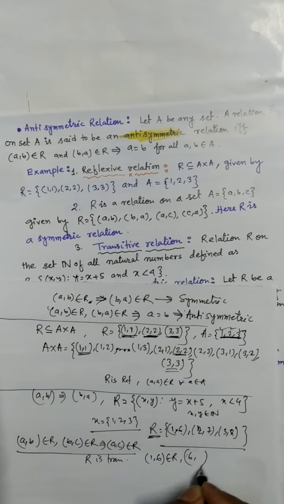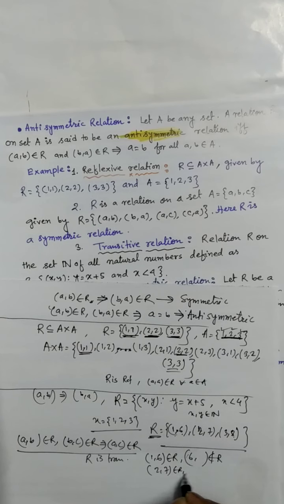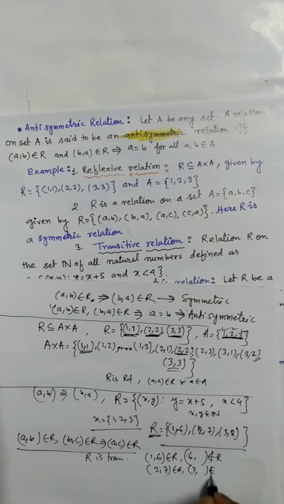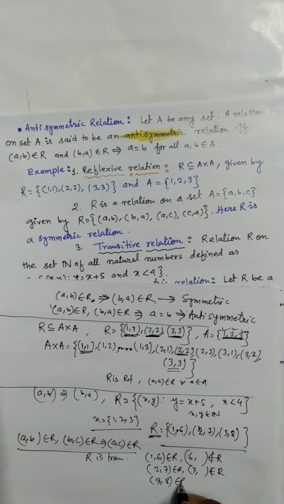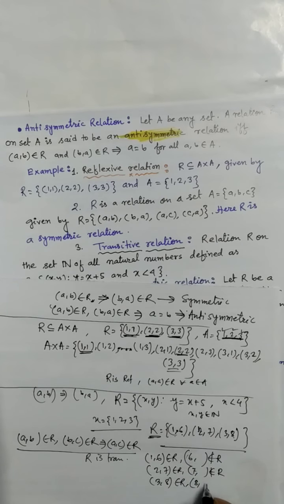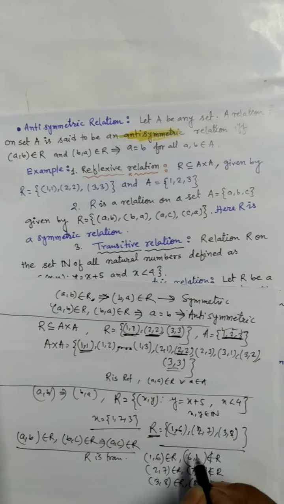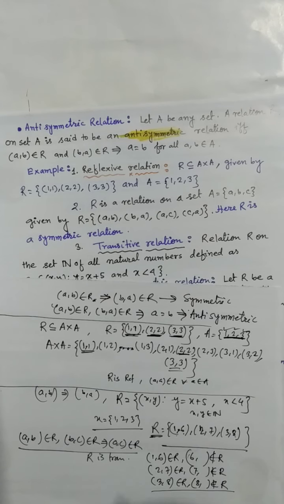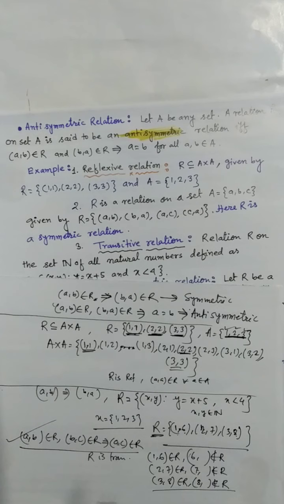Again similarly (2, 7) is there, but we don't have any pair where 7 is the first element, and similarly (3, 8) belongs to R, but we don't have (8, something) belonging to R. So if you find this type of problem, then we will say this one is a transitive relation, and you will remember the definition of transitive relation.